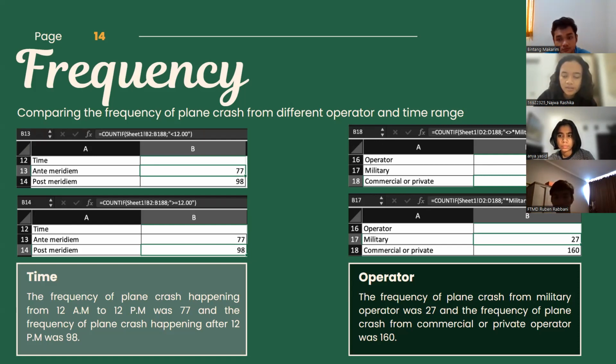And for the military we use the condition here, quote military. So the data here indicates that there are more plane crashes happening after 12 a.m., and there are more plane crashes happening from the commercial or private operators.